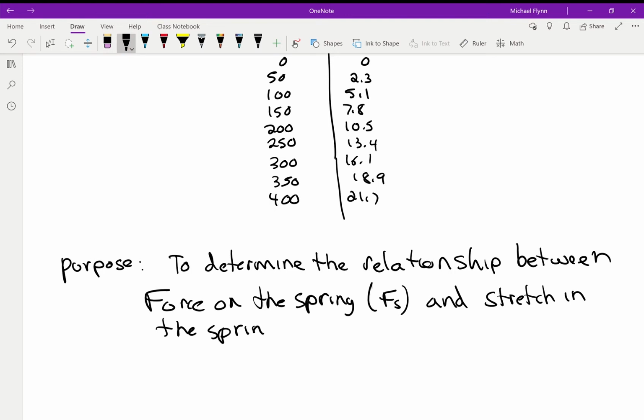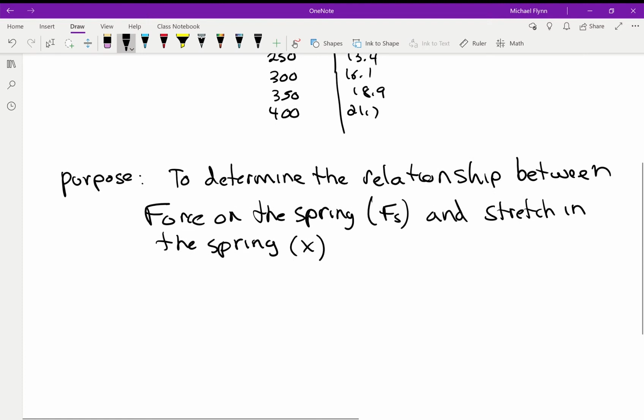And your textbook for that variable uses x as the stretch.